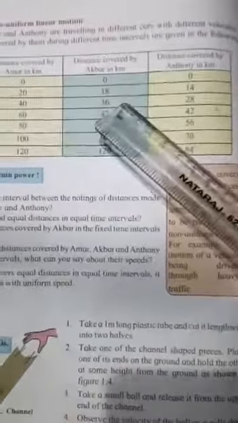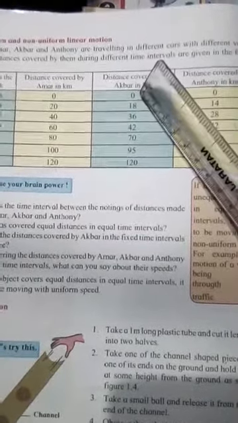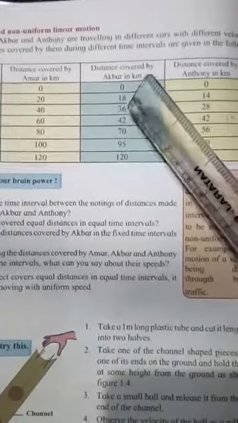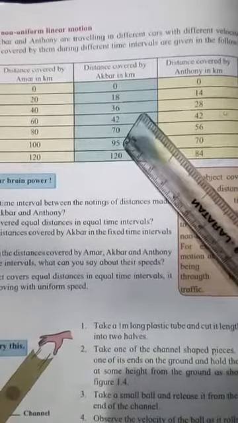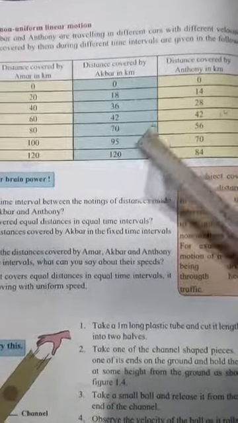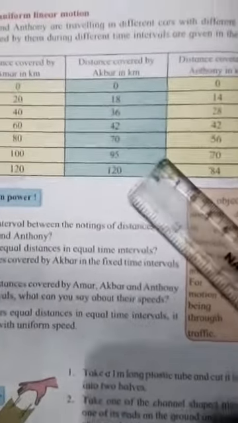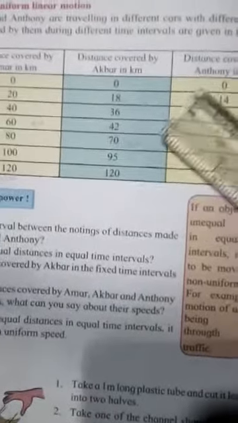So the second one we will see, that is Akbar. How did he travel the distance? At the first place he covered 0 distance, then 18, then 36, then 42, 70, 95 and 120. Let's calculate the difference between two distances.